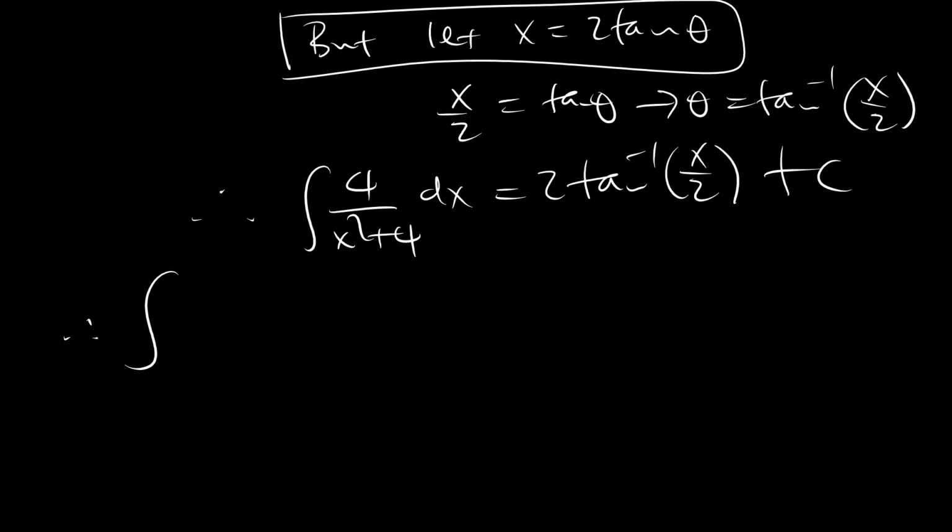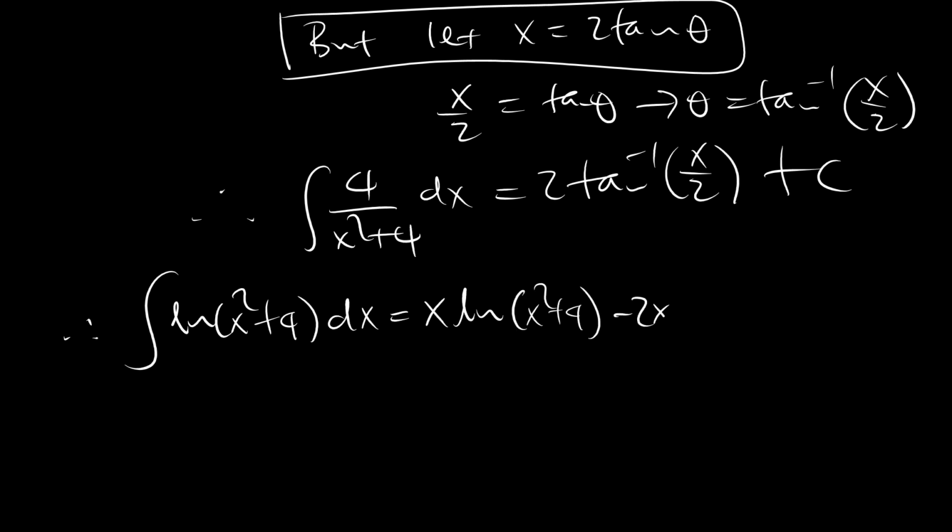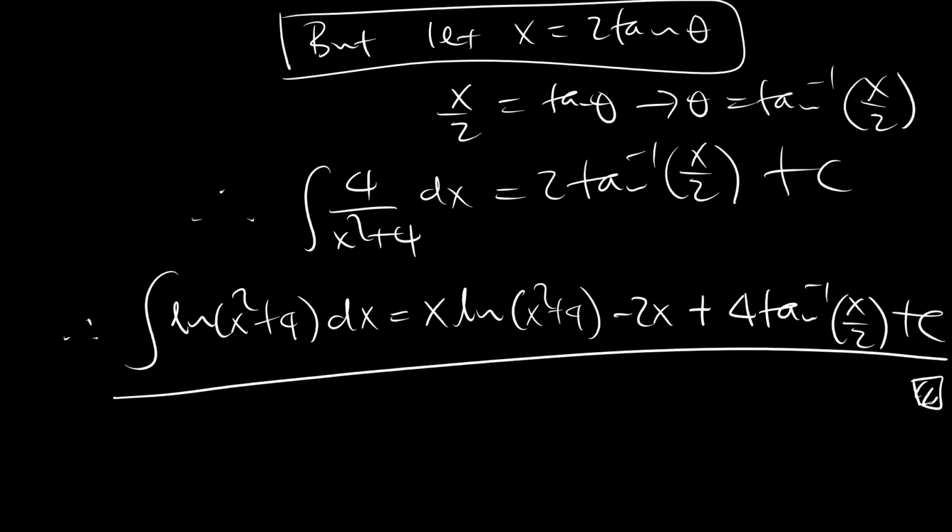The initial integral that we had in mind, which was essentially the integral of the natural logarithm of x squared plus 4, is equal to x natural logarithm of x squared plus 4 minus 2x, and then we had plus 2, so we have 4 arctangent of x over 2 plus c. And that, ladies and gentlemen, is our answer.